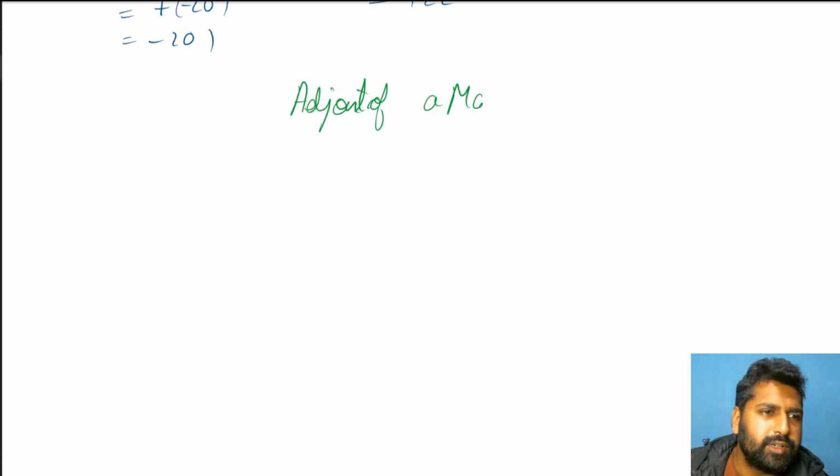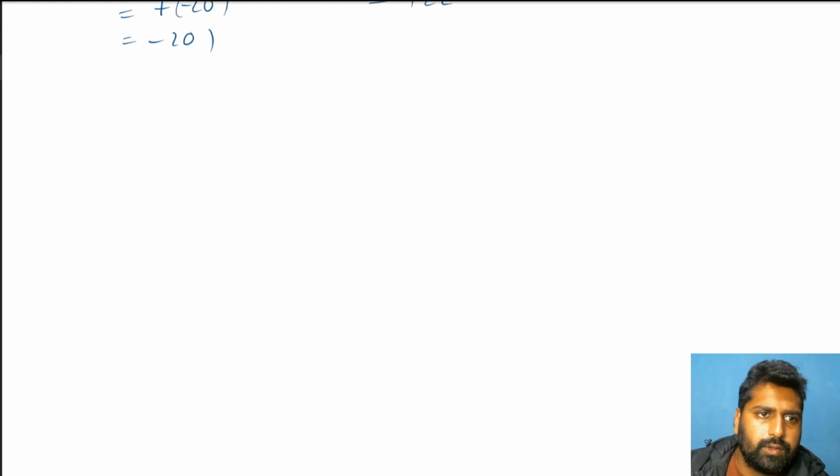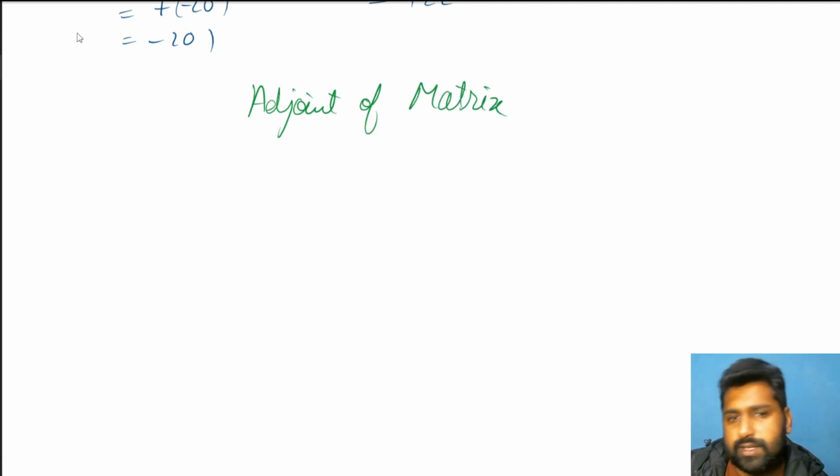I know we are studying determinants, but I told you that it is related to the matrix. Again, adjoint will be calculated for 2 cross 2 as well as 3 cross 3. Let's see 2 cross 2 first.